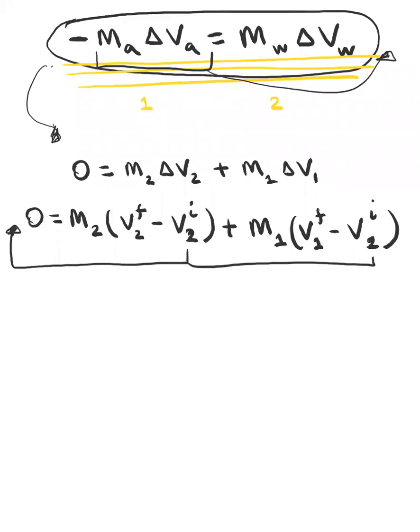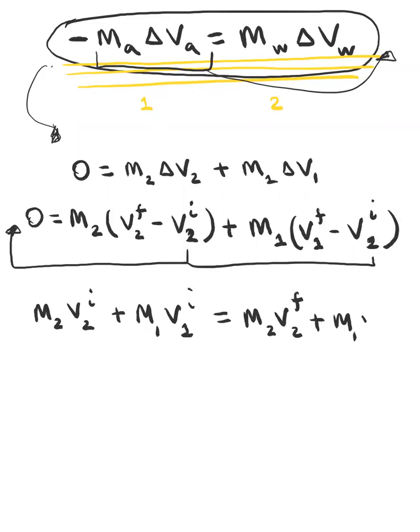And I will get m2 times v2 initial plus m1 times v1 initial is equal to m2 times v2 final plus m1 times v1 final.